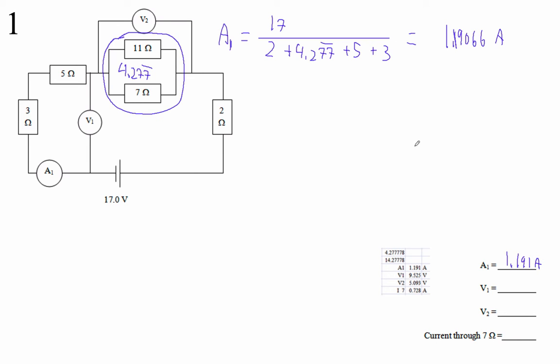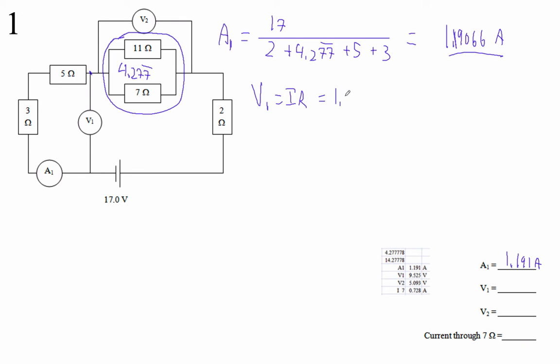Okay, now my next one here is we want to find V1 there. Okay, so V1 is going to be IR, right? And we're going to go from the upstream side to the downstream side, right? And the total resistance there is 5 plus 3. And the current is this, so that's not too bad, right?